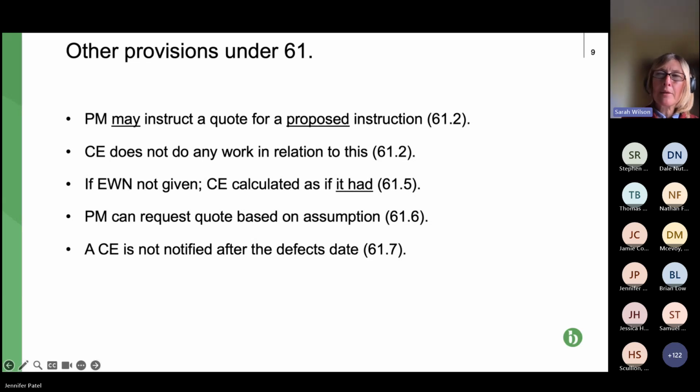So hopefully you can see there wouldn't be any double counting, because it would just be the cost and the time relating to that very discrete point about the ground conditions, to the extent that they're not the most favourable. And then finally, a compensation event isn't notified after the defects date. Next slide, please.